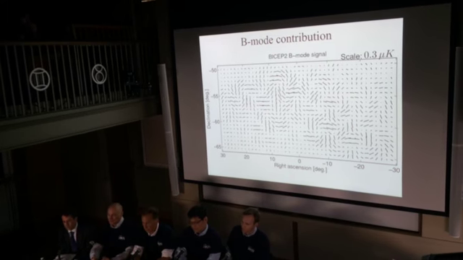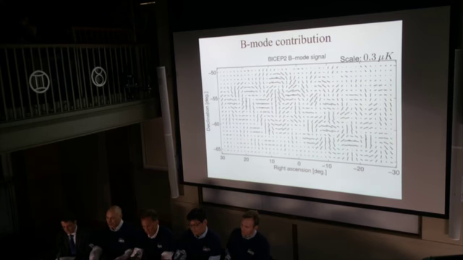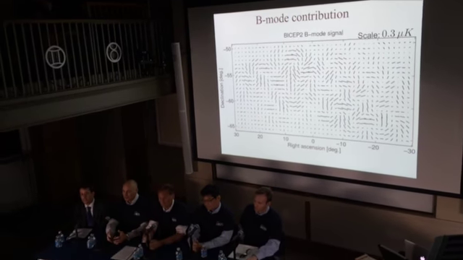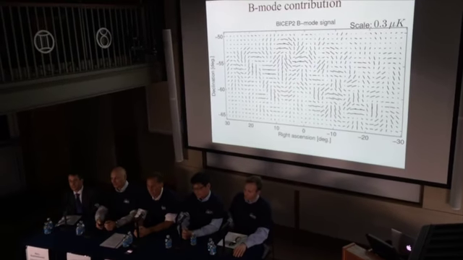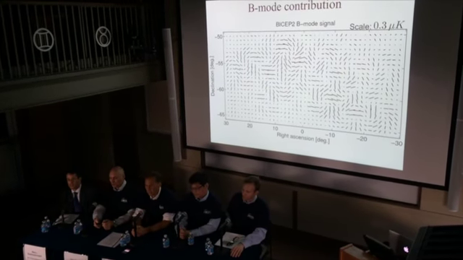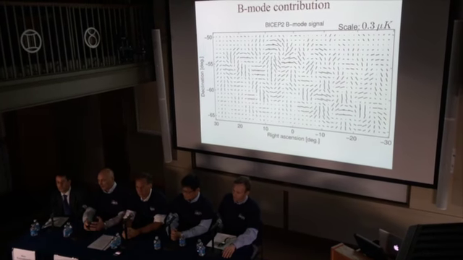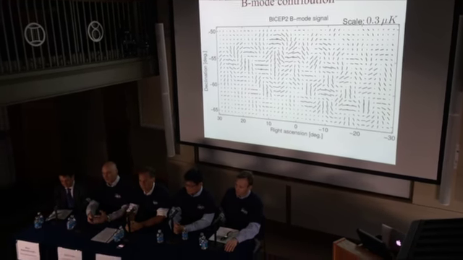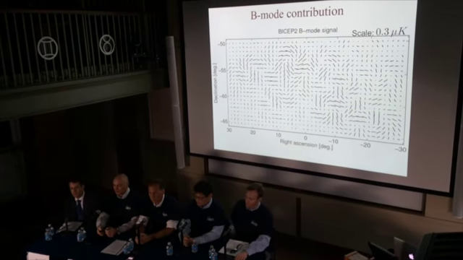We've done many further studies to try and convince ourselves that it's not foreground emission from our galaxy, because our galaxy also emits at these wavelengths very, very weakly, but the signal that we're after is so weak that it could potentially still be a problem. So we are convinced on the basis of all the studies that we've done that the signal is real. It's coming from the sky, and it's coming actually from the microwave background itself, from 400,000 years after the beginning point.